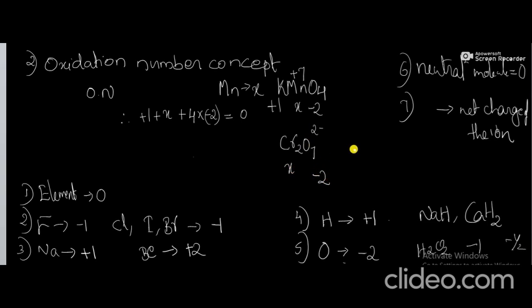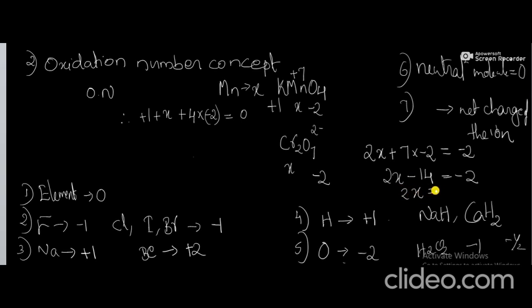So we can write 2x, for 2 moles of chromium, plus 7 into -2 equals -2, since the net charge is -2.